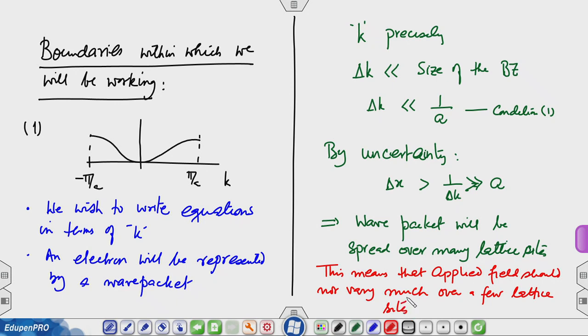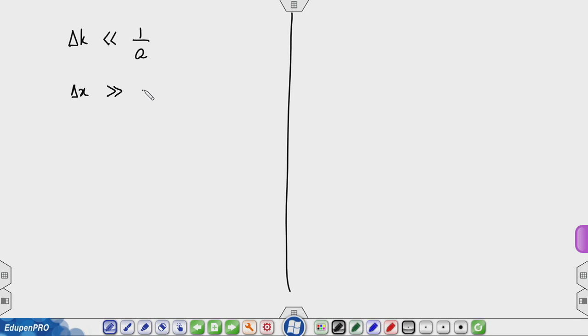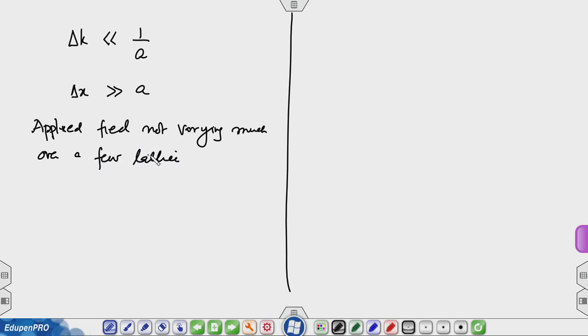So, let me repeat this on the next slide. We have delta k much less than 1 over a, delta x much greater than a, and the applied field not varying much over a few lattice sites.